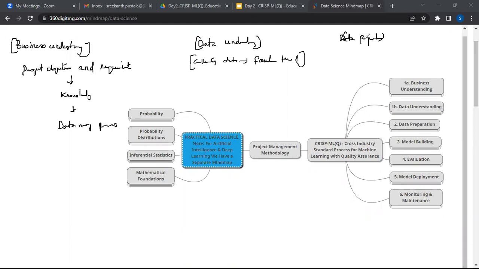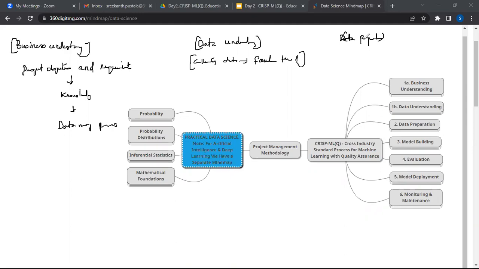We are trying to prepare that from the initial raw data that we are getting from the business stakeholder. We are going to construct the final changes that are required before feeding our model. Tasks include table, case, and attribute selection, as well as transformation and cleaning of data for modeling tools.